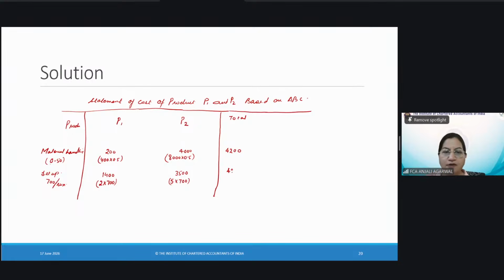So 4,900 of setup cost is distributed amongst P1 and P2 in the ratio of 1,400 and 3,500. Remember, under traditional, the total cost of P1 was only 500. But here, just one part of the total cost, setup cost, is alone crossing the total cost under traditional.